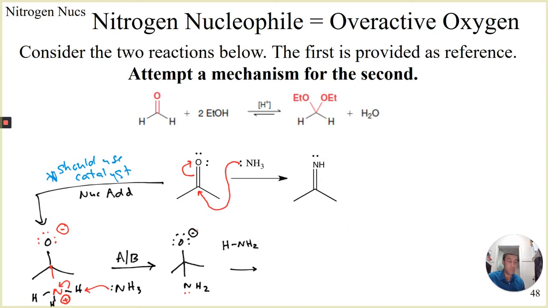Okay, so this ties back to this, we should be adding a catalyst issue. We could make the argument that the byproduct of that previous reaction was NH4 plus, and we could pick up the hydrogen that way.